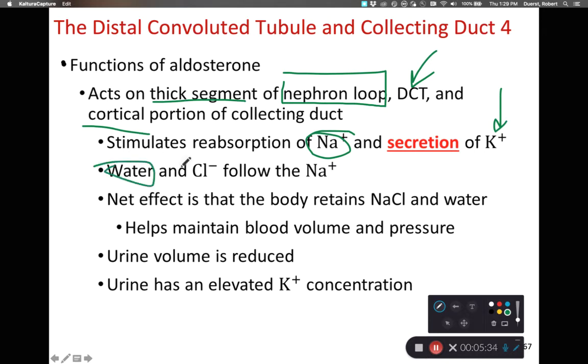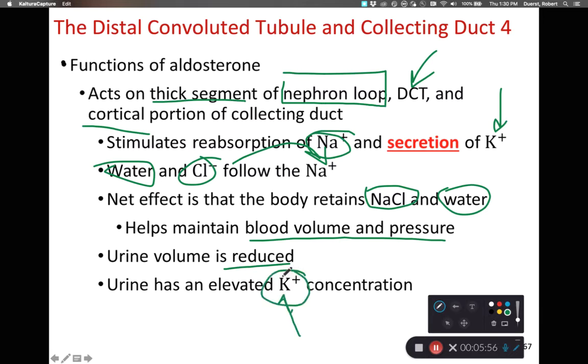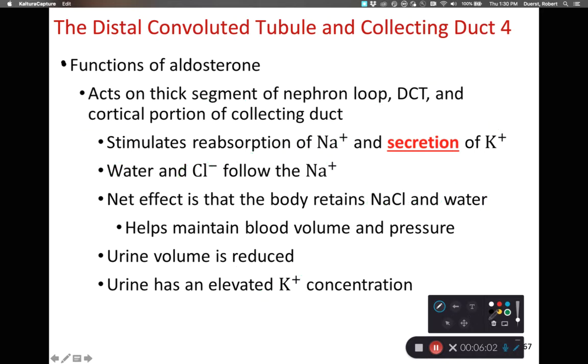Water molecules and chloride ions preferentially follow the sodium ion. So the net effect is that we retain sodium chloride, table salt, and we end up retaining water. This is going to cause both blood volume and blood pressure to increase, and urinary output to decrease. This reduced urinary output is also going to have an elevated potassium concentration from the preferential dumping of potassium into the urine by aldosterone.